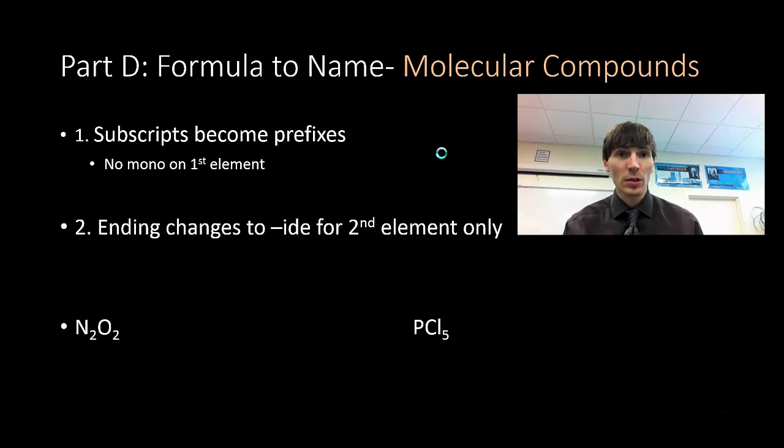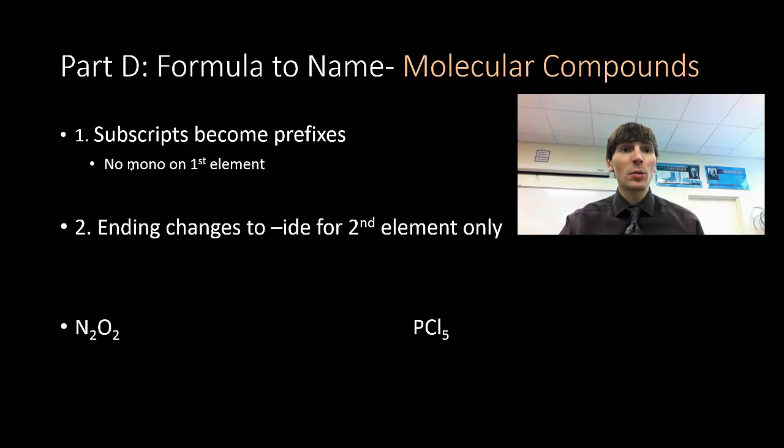So the rules are as follows. When I'm trying to name this compound, usually there's going to be two elements, and the subscripts, or the numbers underneath those elements, are going to become our prefixes. They're going to become the prefix that we're going to insert in front of that element.